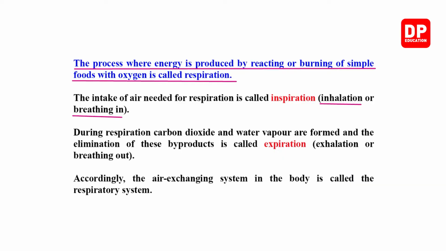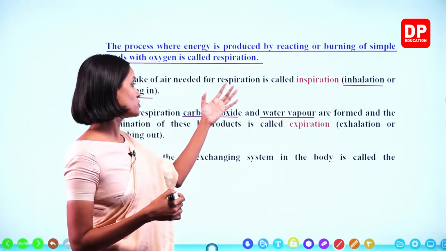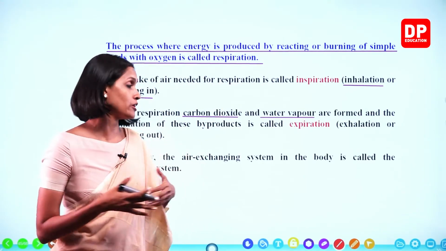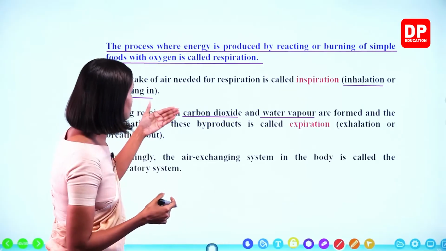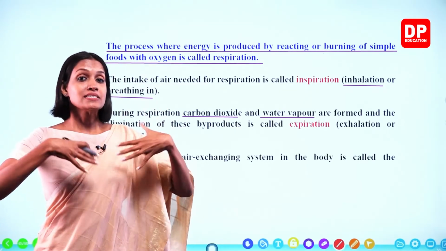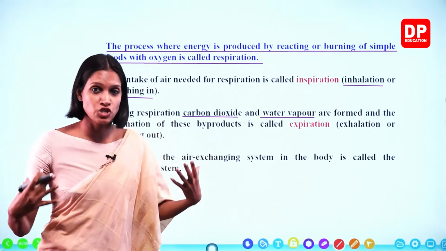During respiration, carbon dioxide and water vapor are formed. These are the byproducts, and we need to get rid of them. Carbon dioxide and water vapor should be removed from your body. So, how do you remove them? By exhaling.